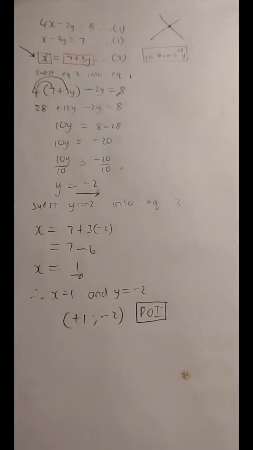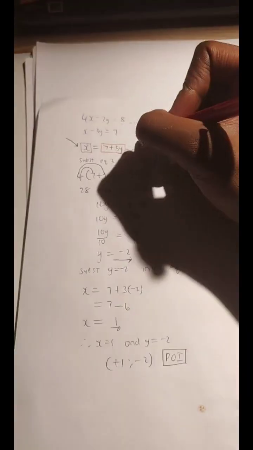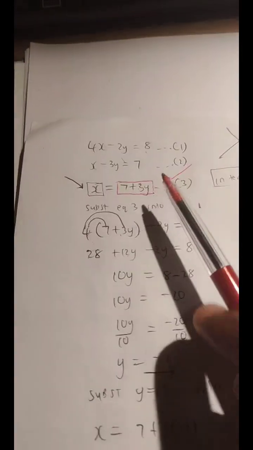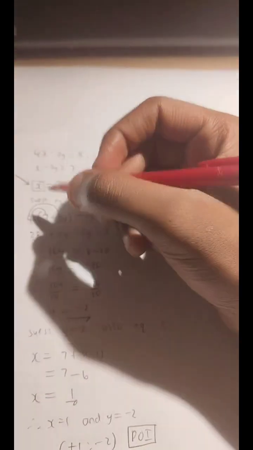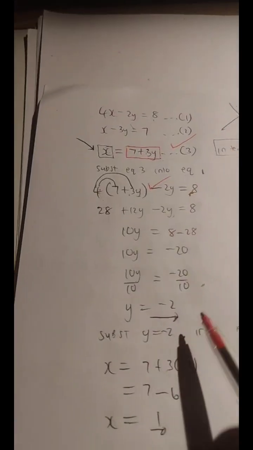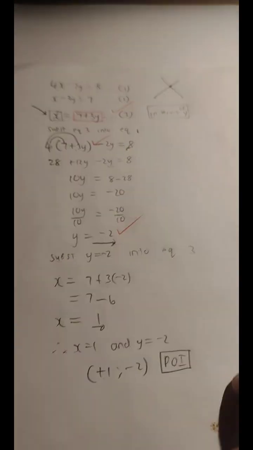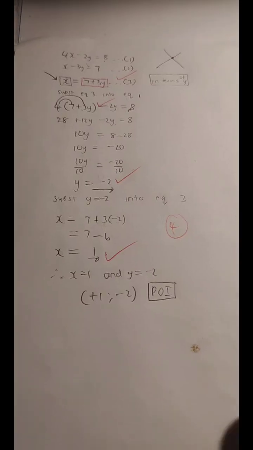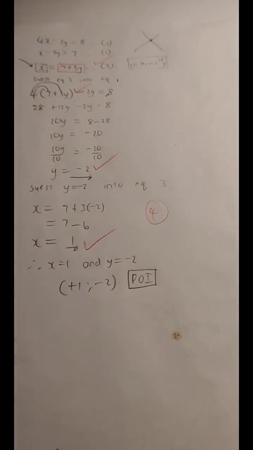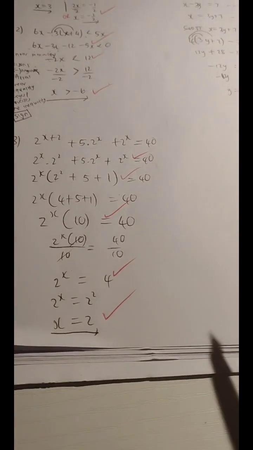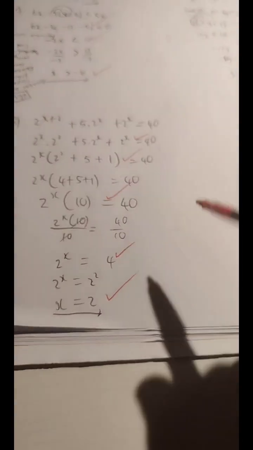If we do allocate marks here: making x or y the subject of the formula, substituting into the other equation, y is equal to negative 2, x is equal to 1. It's a typical 4-mark question. I think we've already spoken about this.